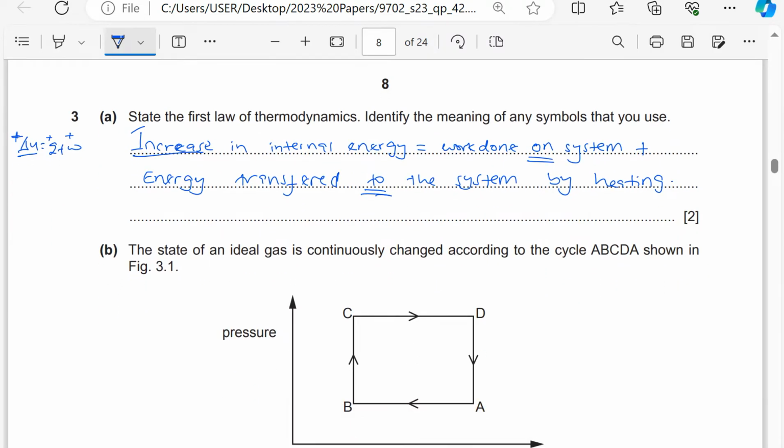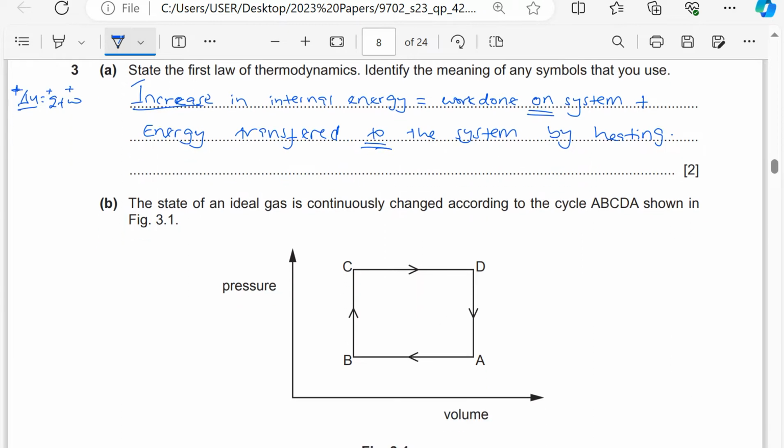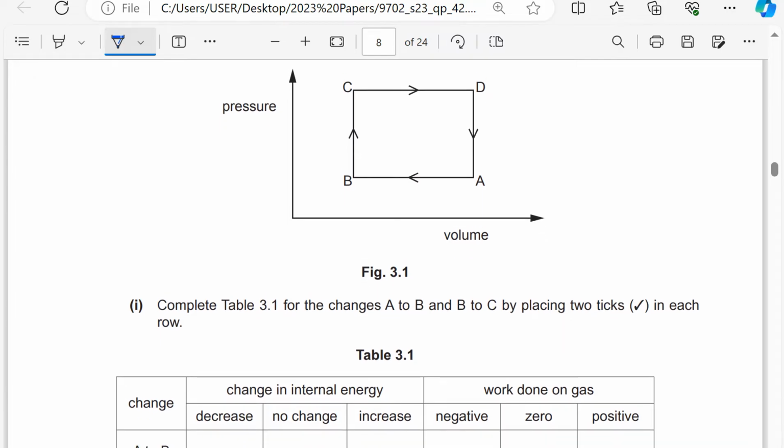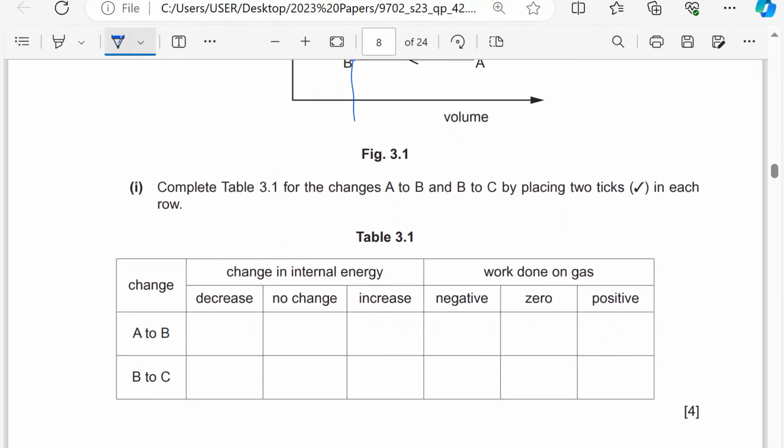Okay, so the state of an ideal gas is continuously changed according to the cycle ABCDA shown in the figure. Complete the table for the changes A to B, that is constant pressure, and B to C, that is constant volume, by placing two ticks in each row.